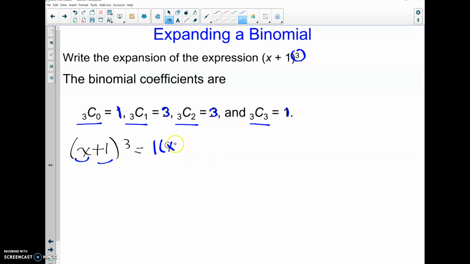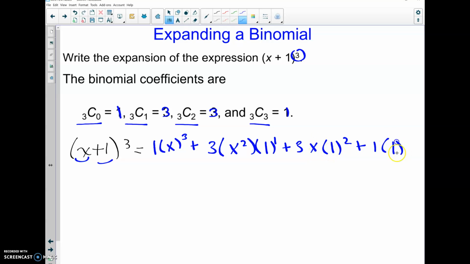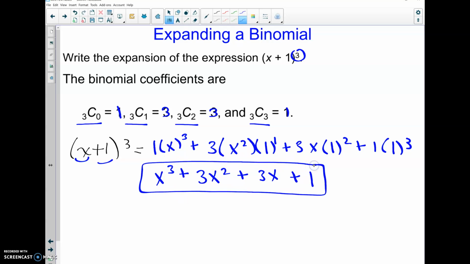So this is x cubed, plus 3 x squared times 1 to the first, plus 3 x times 1 squared, plus, with no x because it was x to the 0, which is 1, 1 cubed. Simplifying all that out, you would get this cubic polynomial of 4 terms.